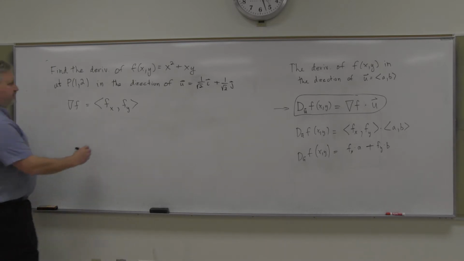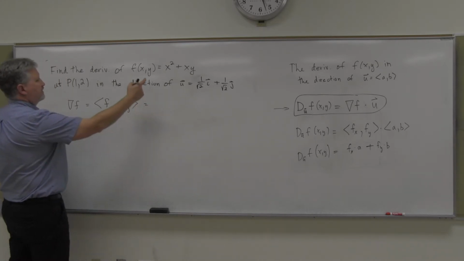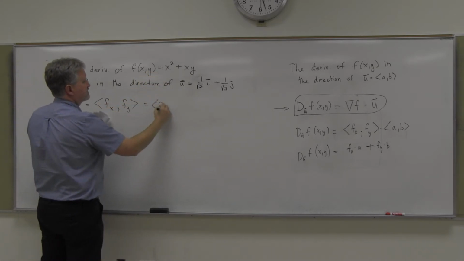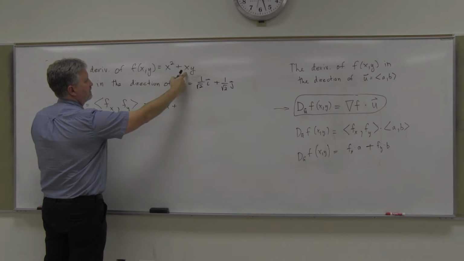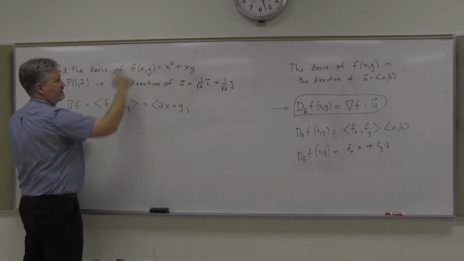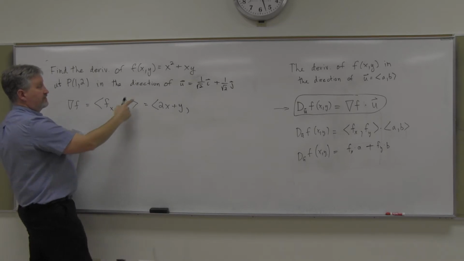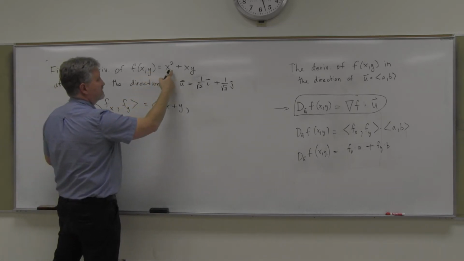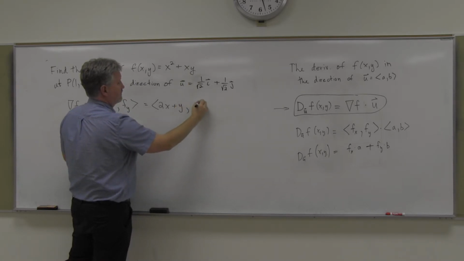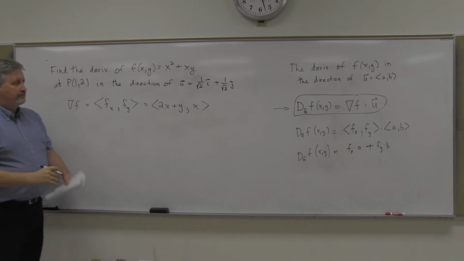So what do we have here? The partial of f with respect to x would be 2x plus y. And then the partial of f with respect to y: x squared is a constant, so that's 0, and the derivative of xy with respect to y would just be x. Does that sound okay?